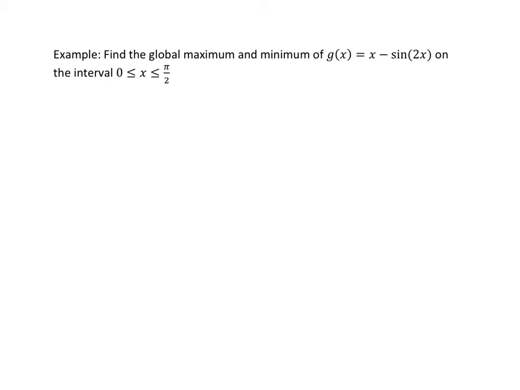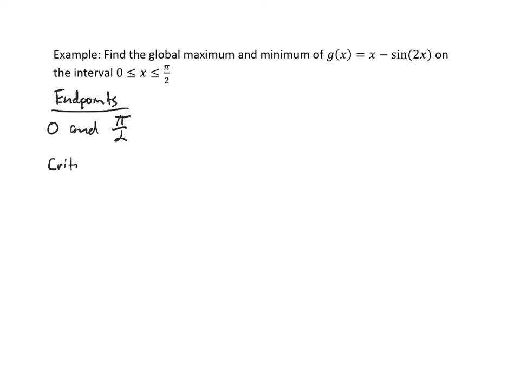So the first thing that we want to find here is our endpoints. So we've got endpoints 0 and pi over 2.